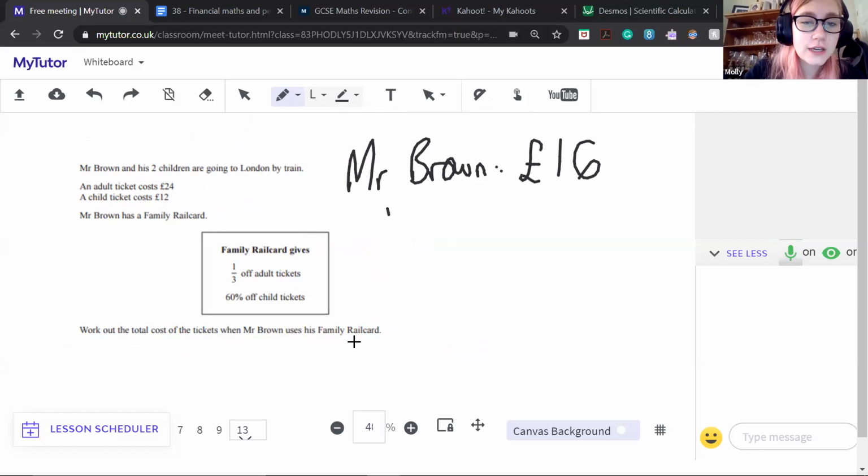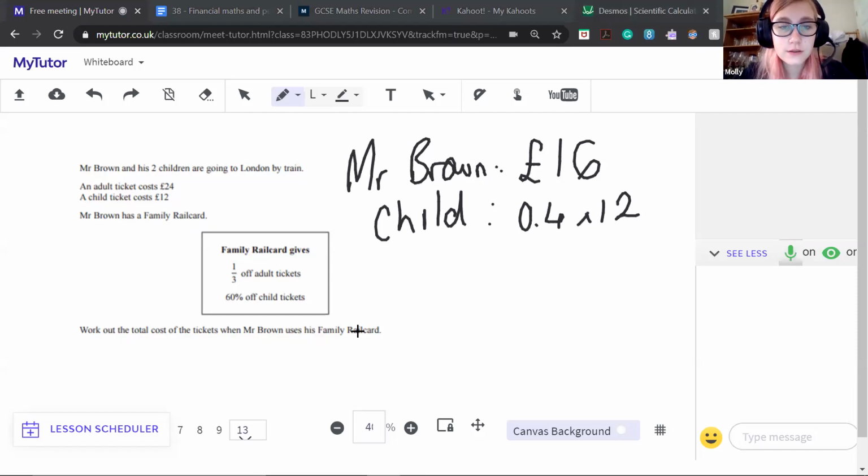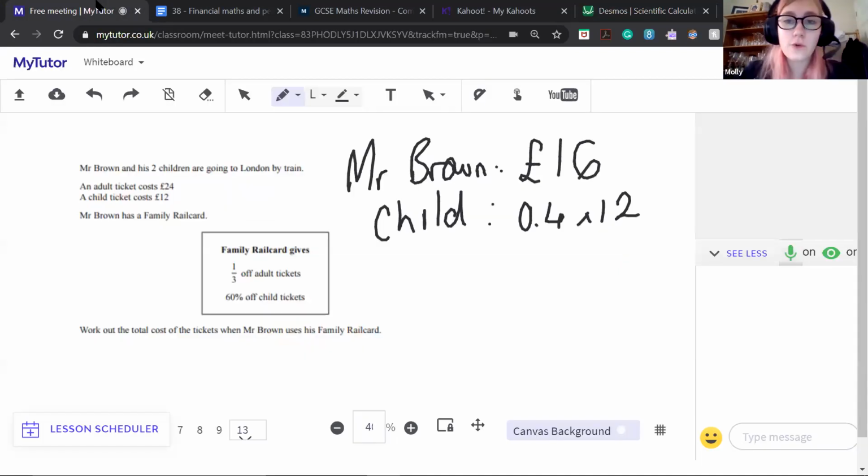And then each child ticket is 60% off of £12. So remember, a 60% decrease is represented by 0.4. So we can do 0.4 times 12, and we see that they're each £4.80.